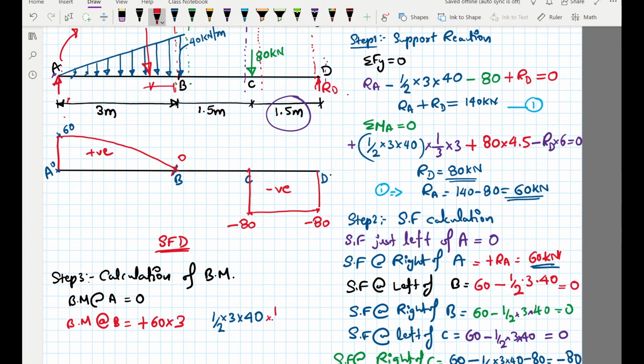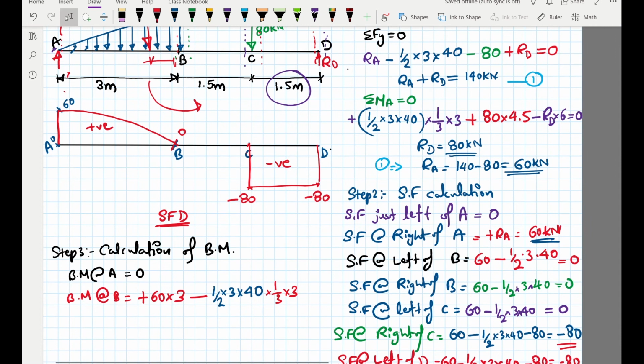So 1/3 of base is 3 meter. So it is going to rotate B in anti-clockwise direction. Therefore that value I am going to take it as negative. So these are the two things which is going to rotate point B. Therefore bending moment at B we are going to get 180 minus 60, we will get 120 kilonewton meter.